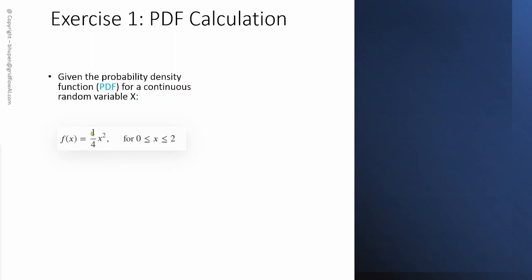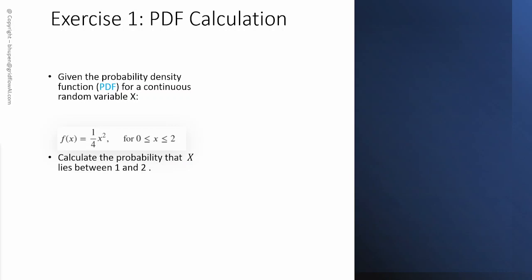So let's take one exercise, PDF calculation. We're not going to do coding as such, but I'm going to show you the library which you can use. Given the probability density function, let's say the function is 1 over 4 multiplied by x squared, we have to calculate the probability that x is between 1 and 2.